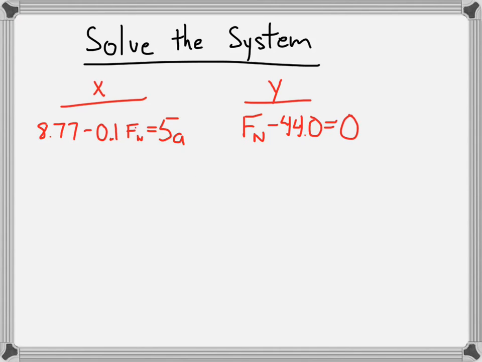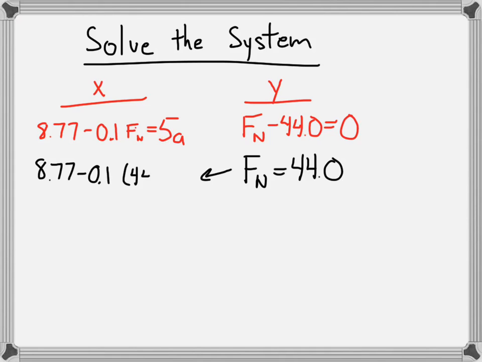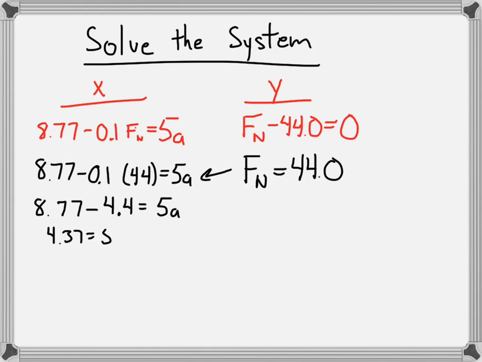So let's do that. Turns out normal force is 44 newtons, so let's substitute that into this equation. And when I do, I will get this. Now I can evaluate the left side of that equation. And when I do that, I end up with an acceleration of 0.874 meters per second squared.